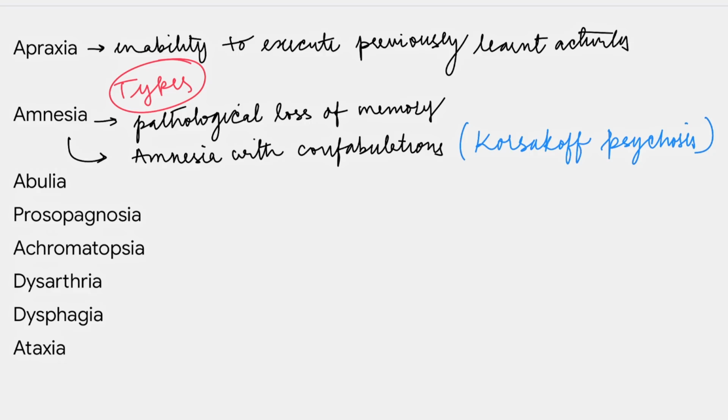This is also called white lie. The patient is technically not lying; it's his brain. Abulia is no will to initiate a movement. They'll be apathetic.